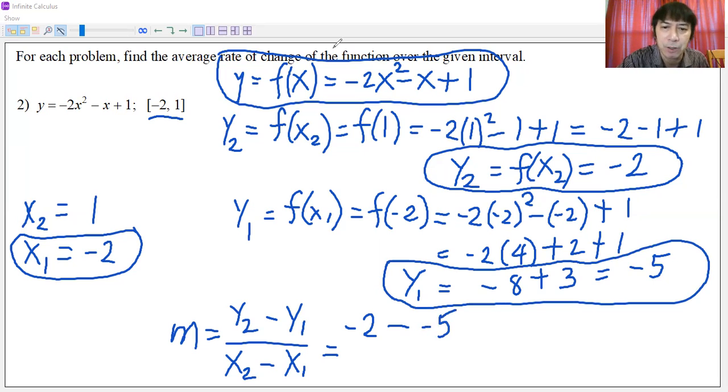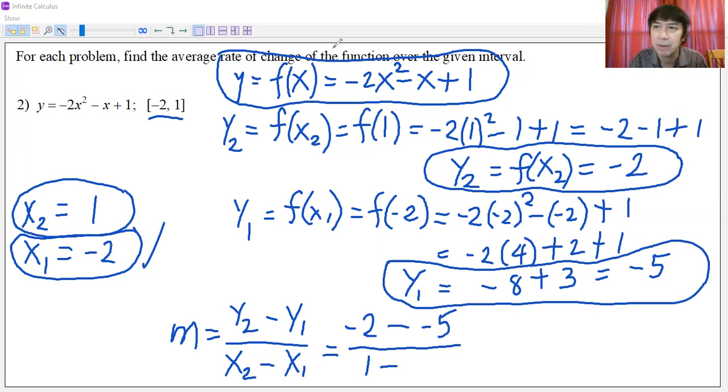And then this is divided by x2. Our x2 is over here, that will be 1 minus, get your x1. x1 is the same, -2. So after the minus, we write -2. So this is -2 plus 5.